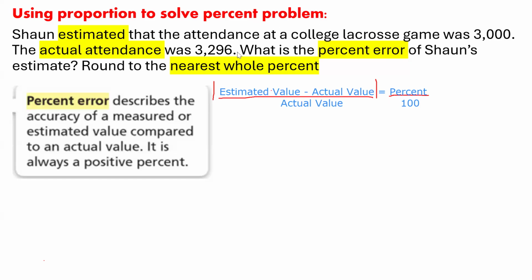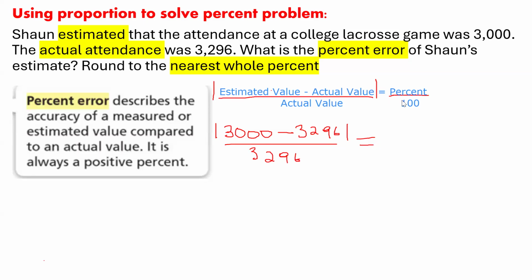So in the problem here, the quantity for the estimated value is 3,000 minus the actual value, as it says, actual attendance is 3,296, divided by the actual value, which is again 3,296, equals percent over 100.